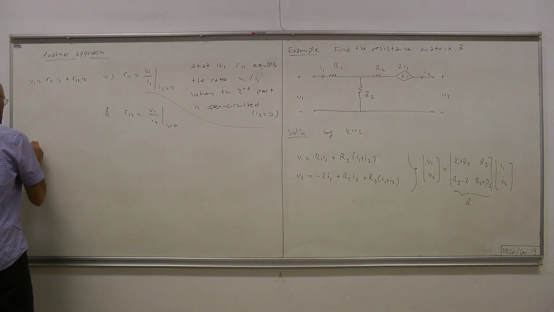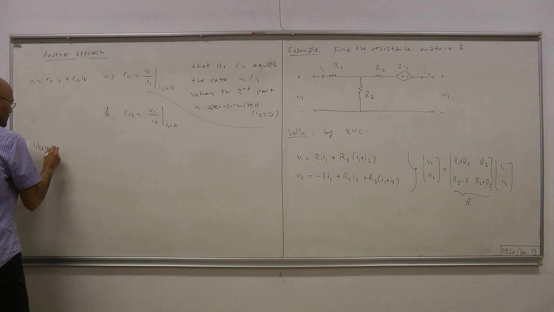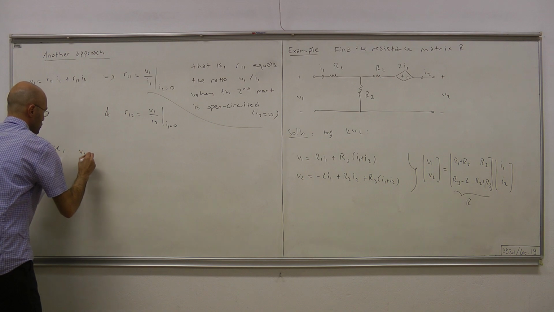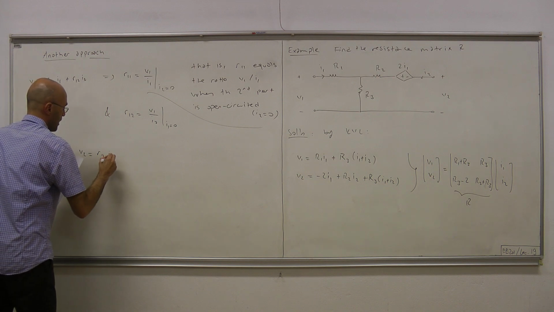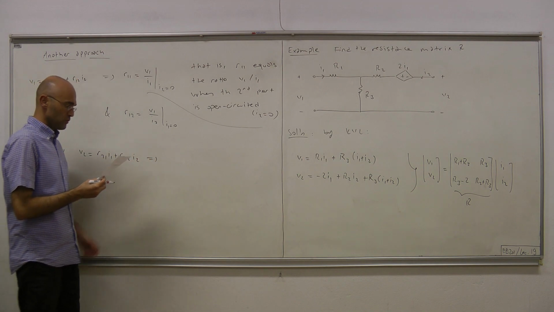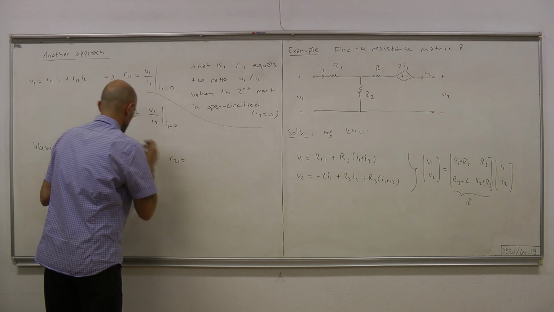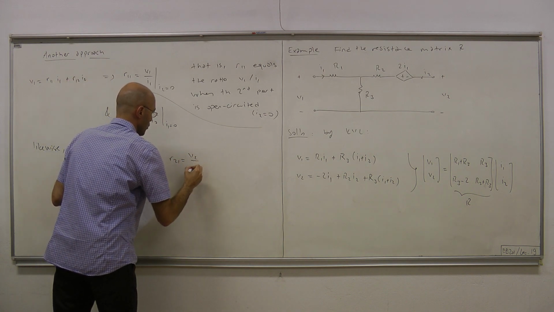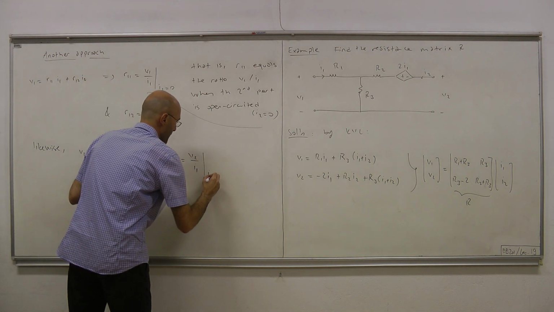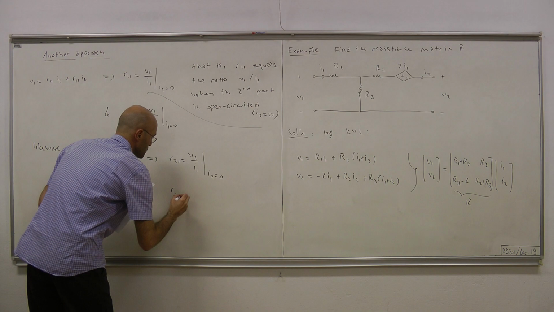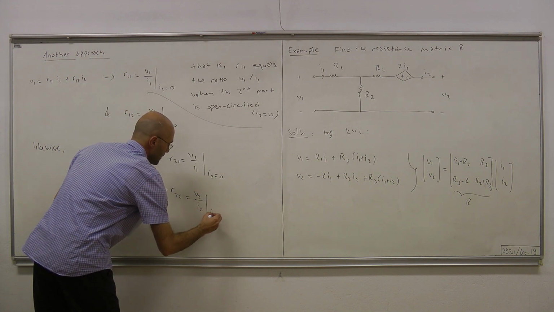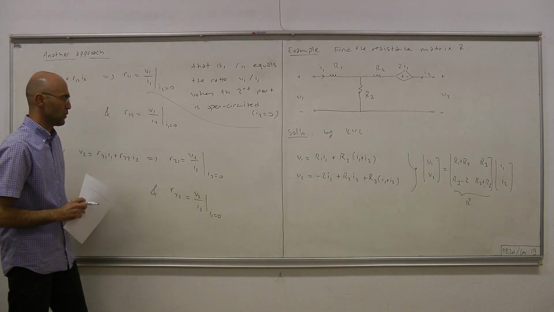Likewise, you can immediately write V2 equals R21 I1 plus R22 I2, and from this equation follows that R21 equals V2 over I1 when I2 equals 0, and R22 equals V2 over I2 when the first port is open circuit.